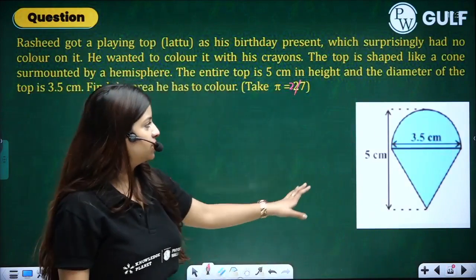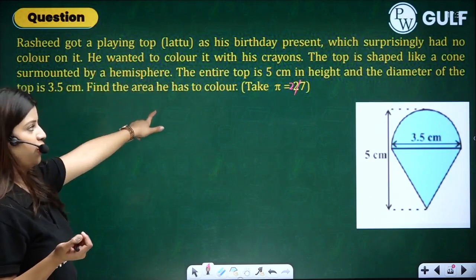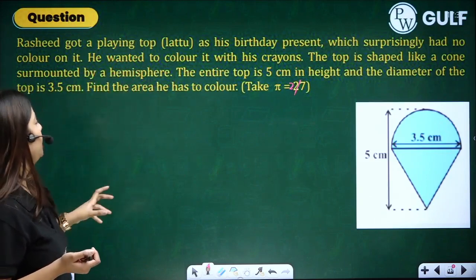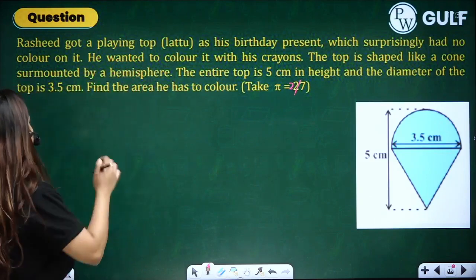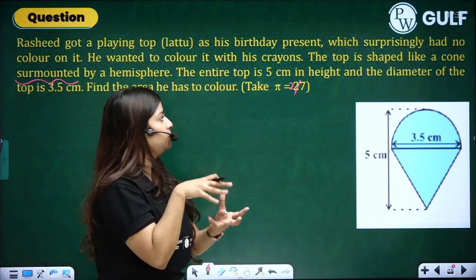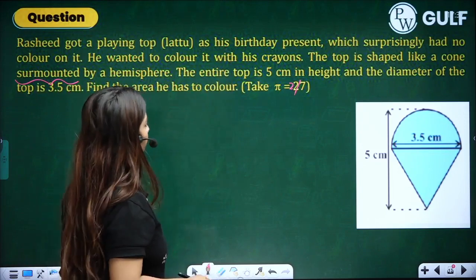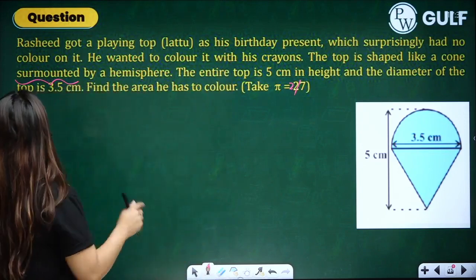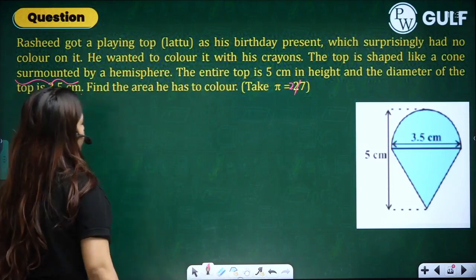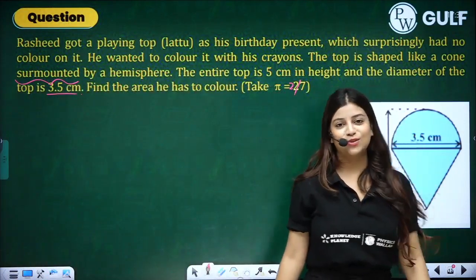He wanted to color it with crayons. The top is shaped like a cone surmounted by a hemisphere, meaning the hemisphere is above it. The entire top is 5 centimeter in height and the diameter of the top is 3.5 centimeter. Find the area he has to color.